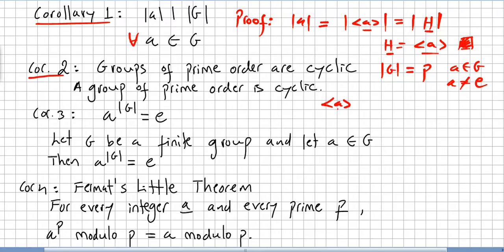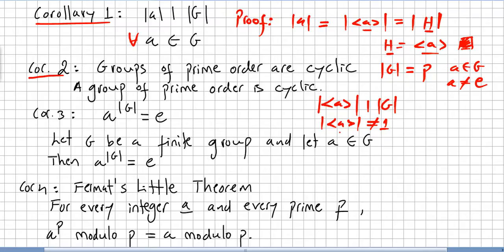So A will generate a subgroup, right? What is the order of this subgroup? Well, the order of this subgroup will divide the order of G, right? And the order of this subgroup will be different from 1.